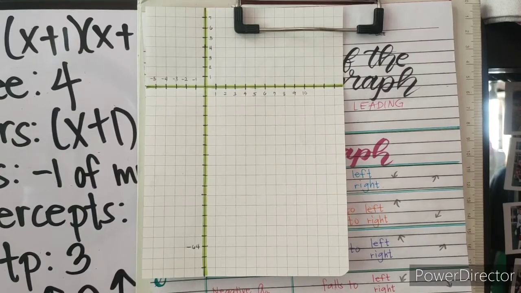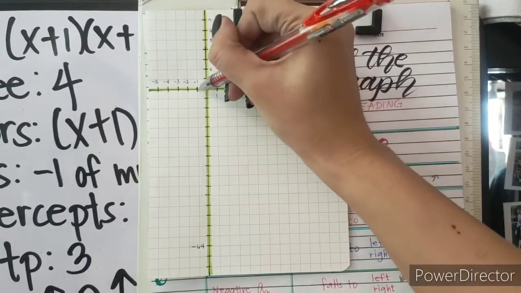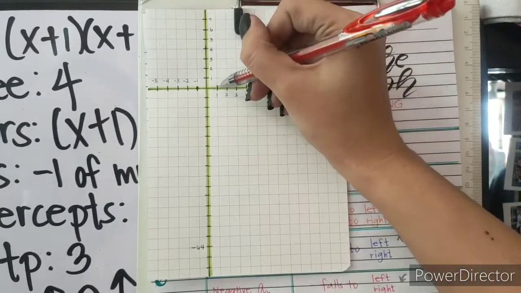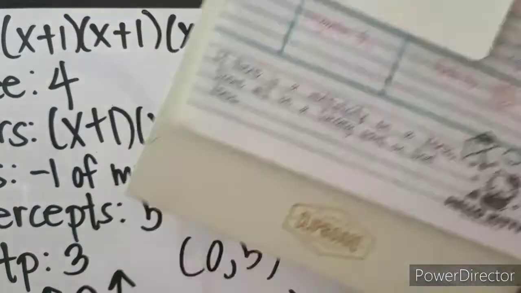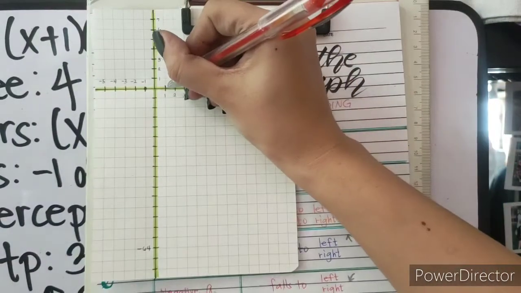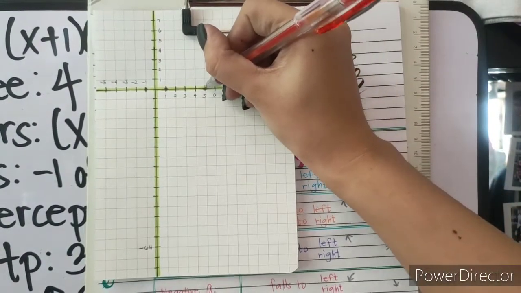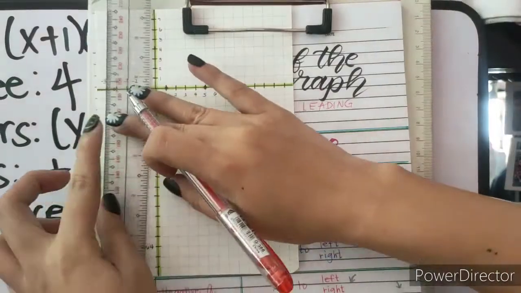Okay, let's go now to the zeros. So, use negative 1, positive 1, and 5. And of course, the broken line on our zeros.